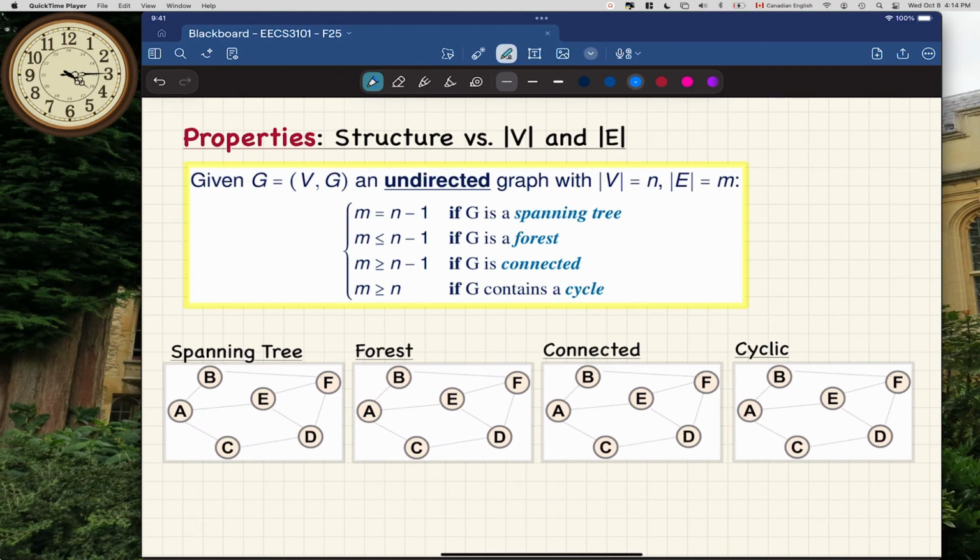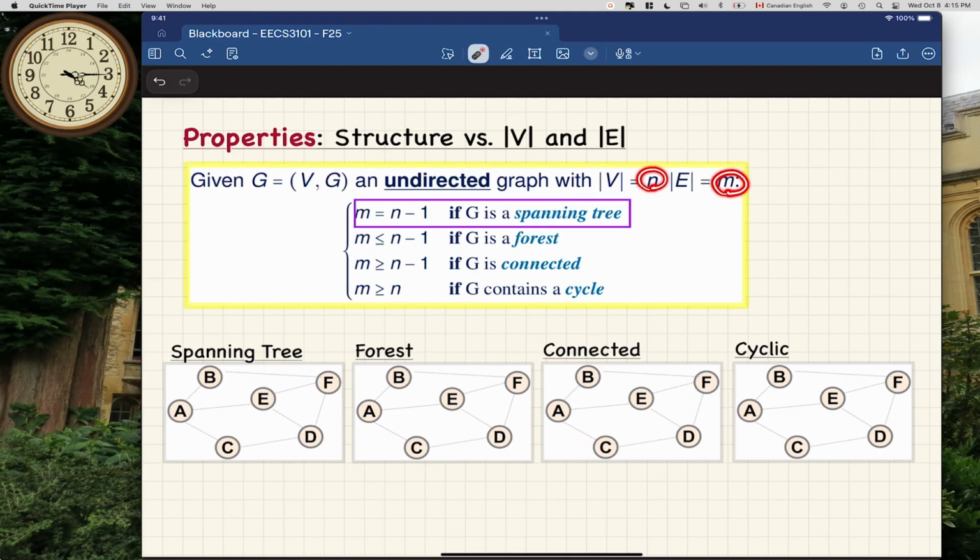Okay, how do we understand a property first of all? Let me just use one of them as an example. Just watch out very carefully about the language here, because we use natural language like English to specify it, and it's not exactly formal. So when we say we got n vertices, we got n edges. Here we say the number of edges is equal to the number of vertices minus 1.